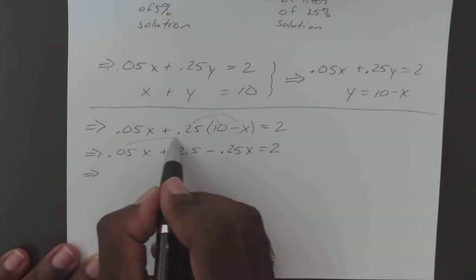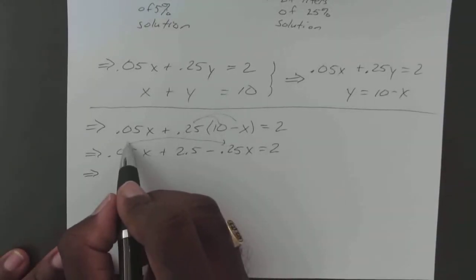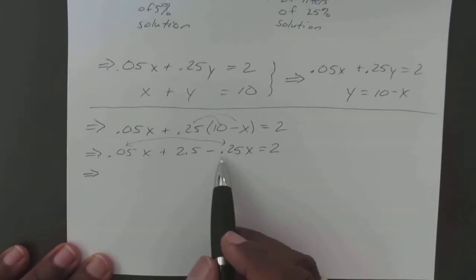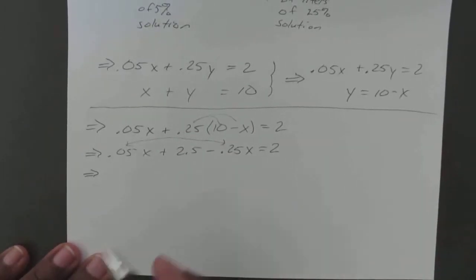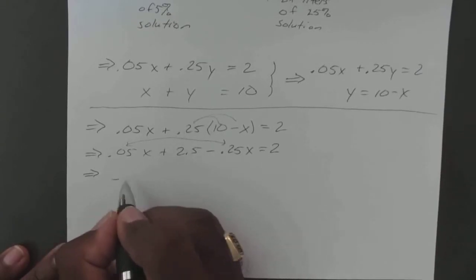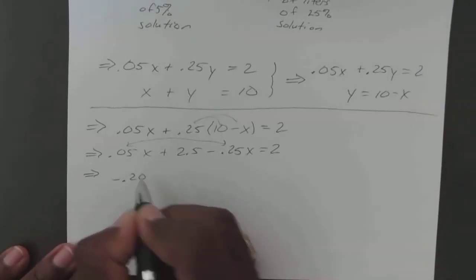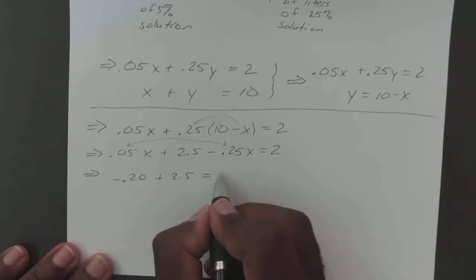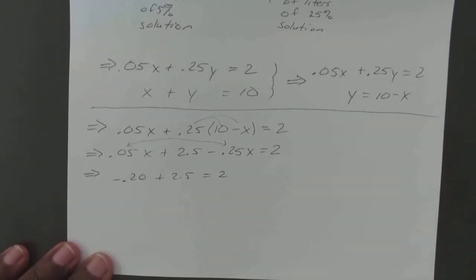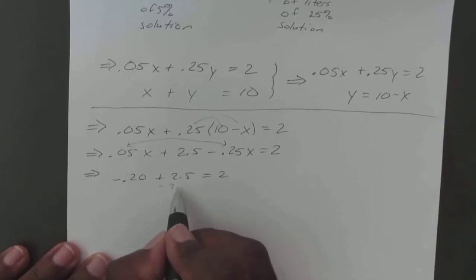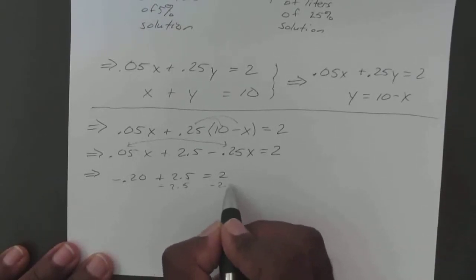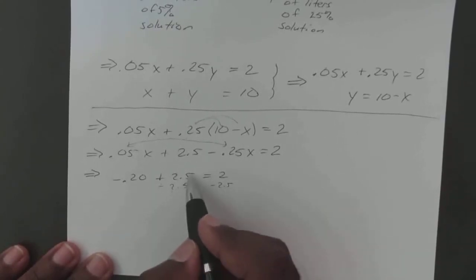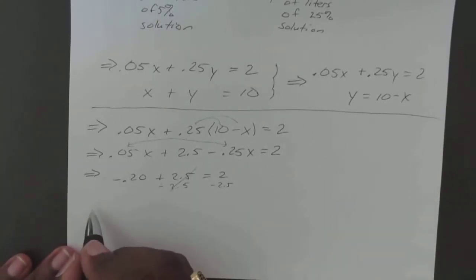Just like before, we can combine those two. 0.05 minus 0.25 is negative 0.20. So negative 0.2x plus 2.5 equals 2. If we subtract 2.5 from both sides, these two cancel out.